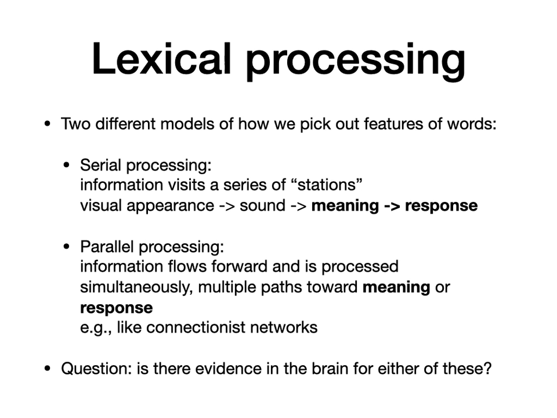There is the serial processing model, which says that information comes in through the ear holes or the eye holes, very technical terms, and regardless of where it comes in, it first gets processed as visual appearance, then it might go through sound, either way. So the visual pattern must get transformed into a sound, and then that sound gets transformed into meaning, right?